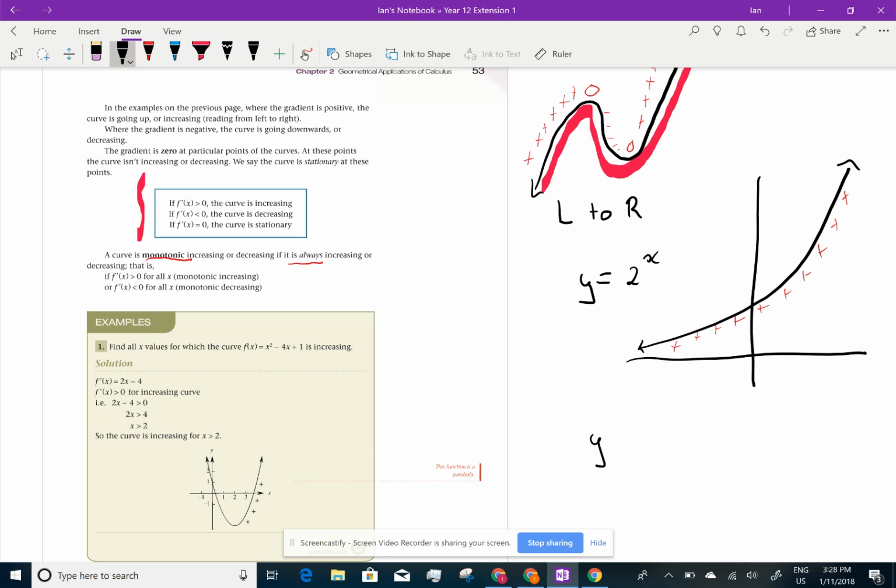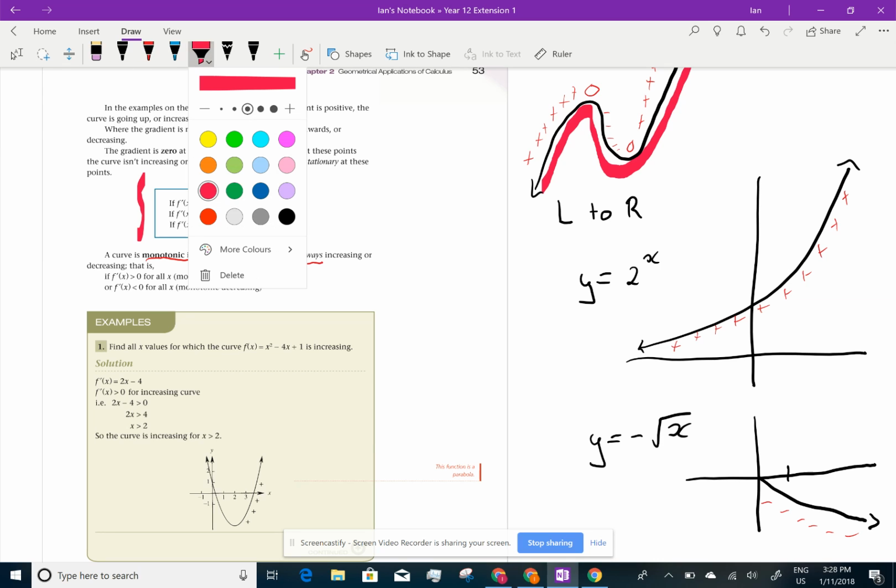Well, let's take y equals negative root x. And that's that one. And what's the gradient of the tangent? Negative, negative, negative, negative. That is monotonic decreasing.